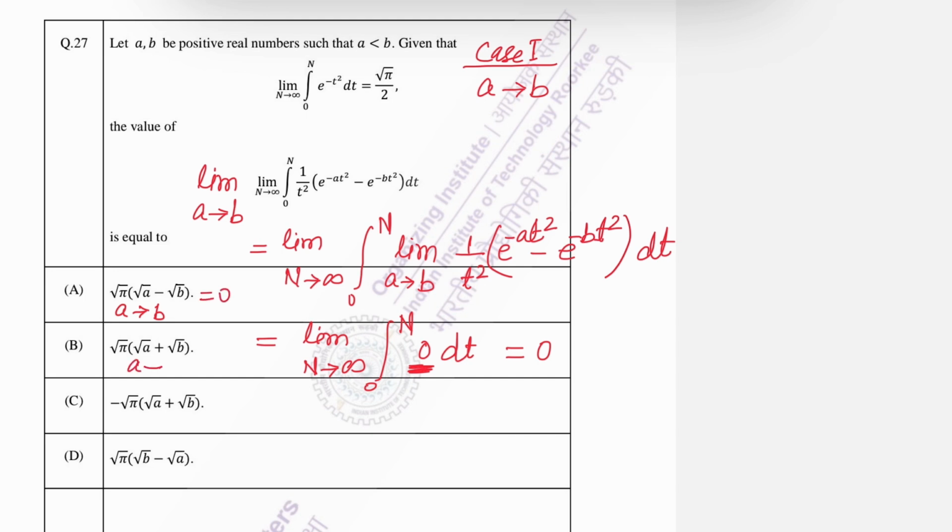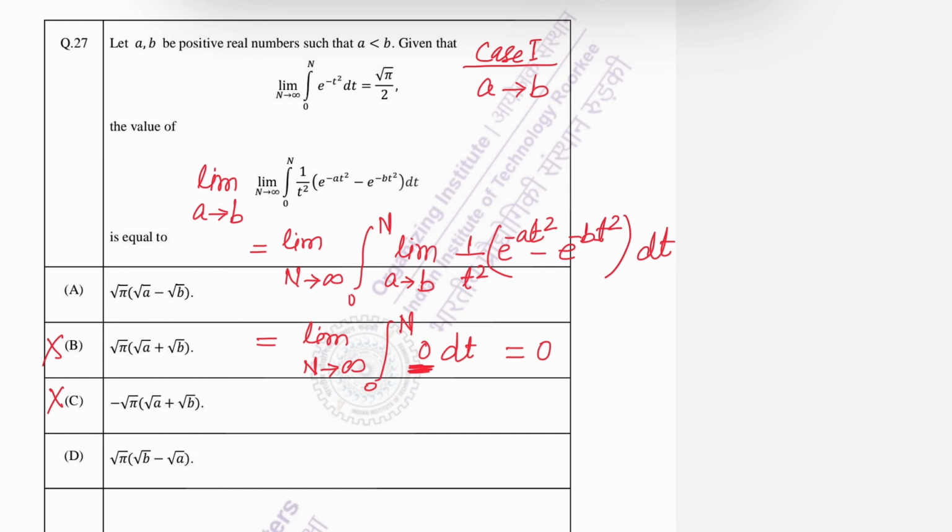Here A tends to B, then it is not 0. Here A tends to B, also this is not 0, and here A tends to B, then it will be 0. So B and C cannot be our option. This is the trick.